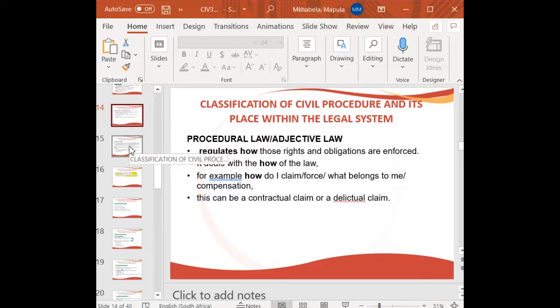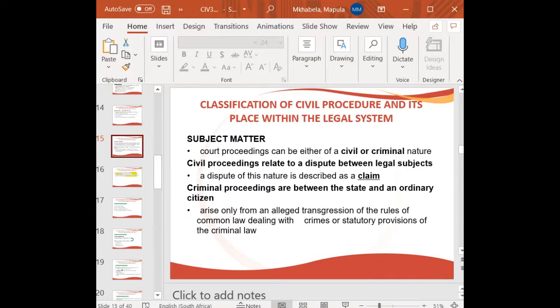The subject matters of court proceedings can be either of civil or criminal nature. Civil proceedings relate to a dispute between legal subjects, one of which may be the state or an official of the state. More specifically, a dispute of this nature is described as a claim.